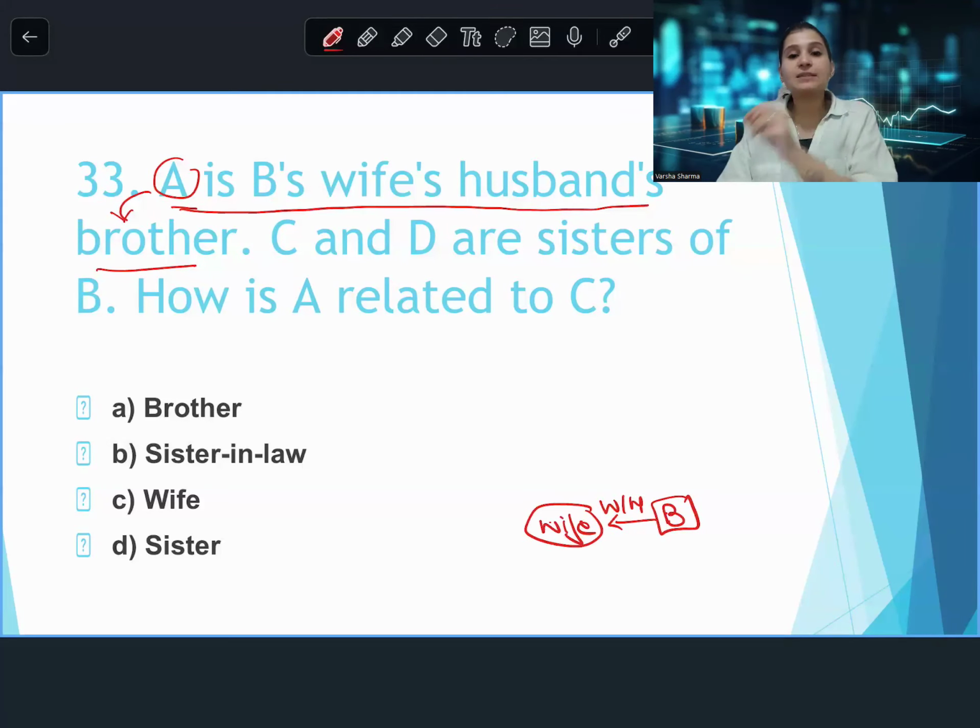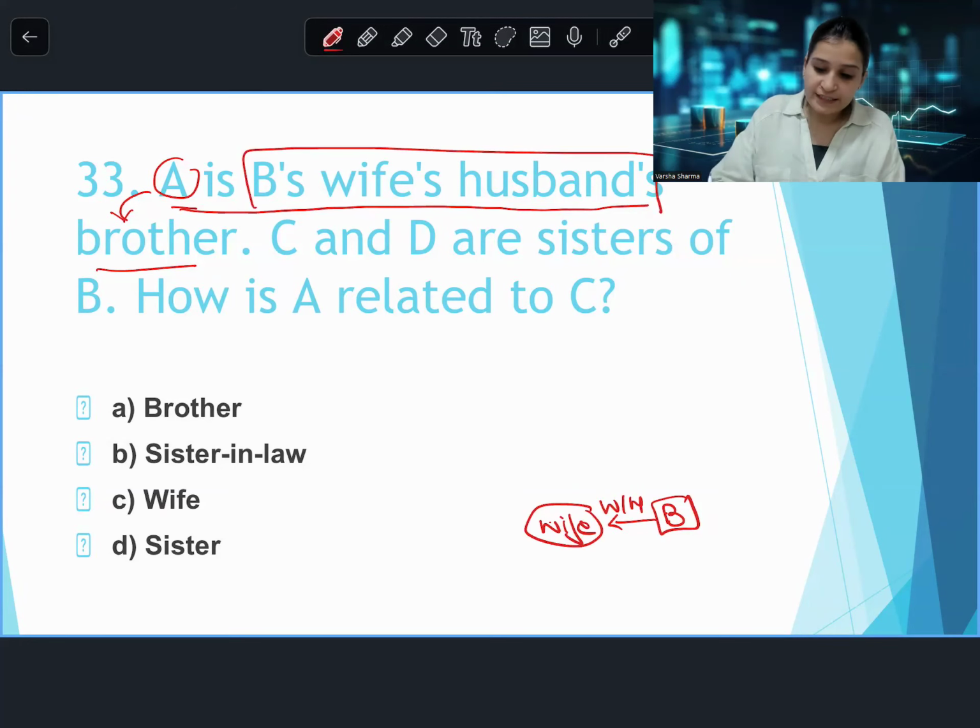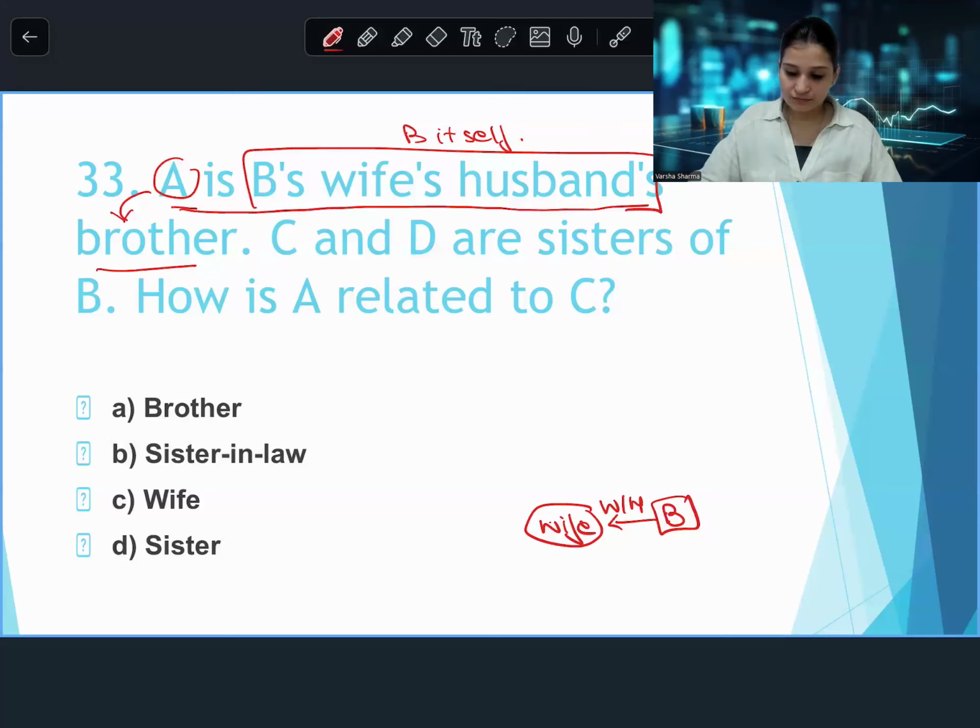So B's wife's husband, whom am I talking about? B. B's wife's husband is basically B itself. So A is B's brother. Is this part clear? Yes, ma'am.